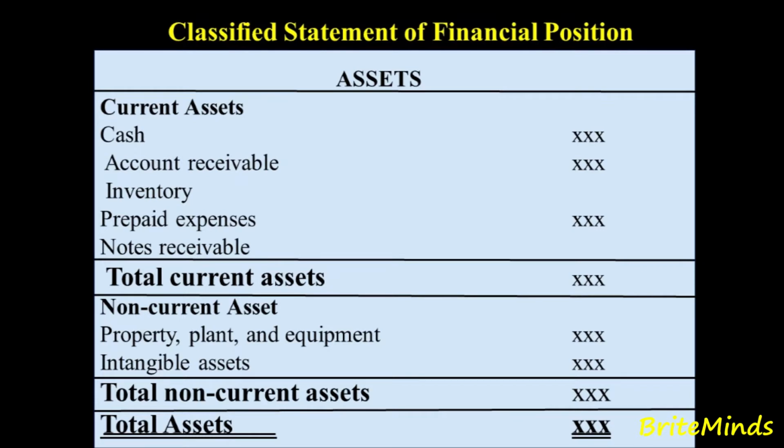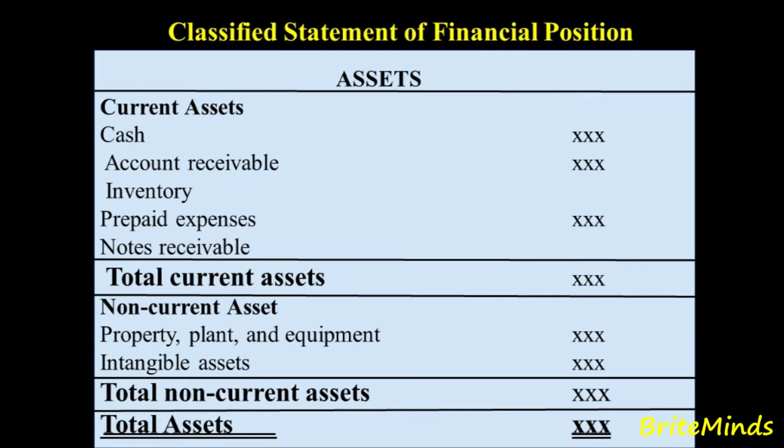Assets are classified as current if they can be used or converted into cash within 1 year. So we can see here under the current assets: cash, account receivables, inventory, prepaid expense, and notes receivable.